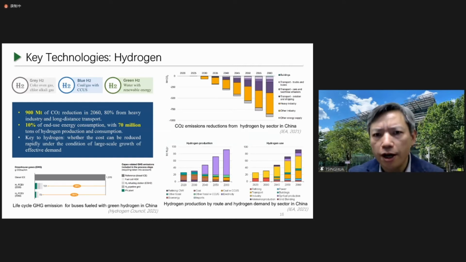The contribution of hydrogen and related fuels to China's energy transition will grow progressively over the period to carbon neutrality by 2060. In the IEA report, hydrogen is expected to reduce 900 million tons of CO2 in 2060, 80% of which will come from heavy industry and long-distance transport.